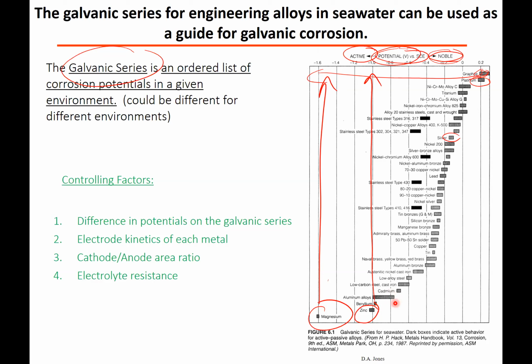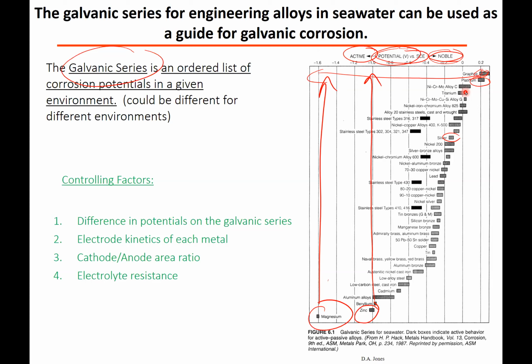The aluminum will dissolve, aluminum 3+, rather than titanium. But what if you have a small area of titanium versus aluminum? Or if you have a lot of titanium and only a little bit of aluminum, right?